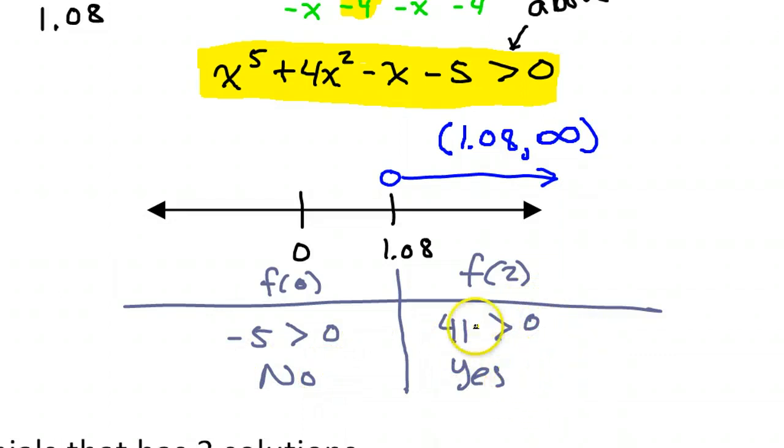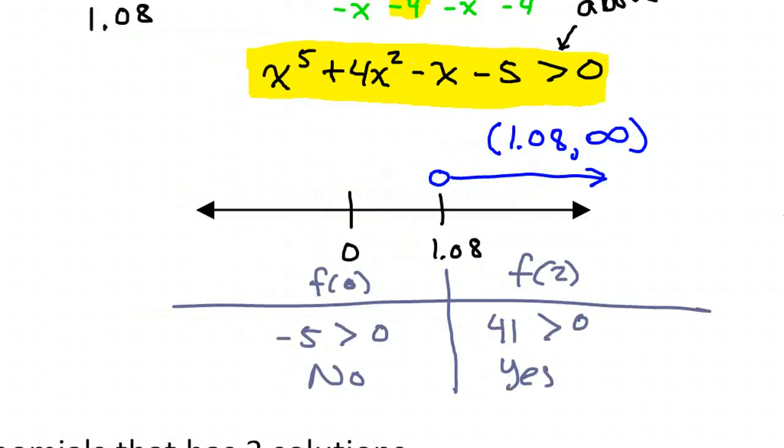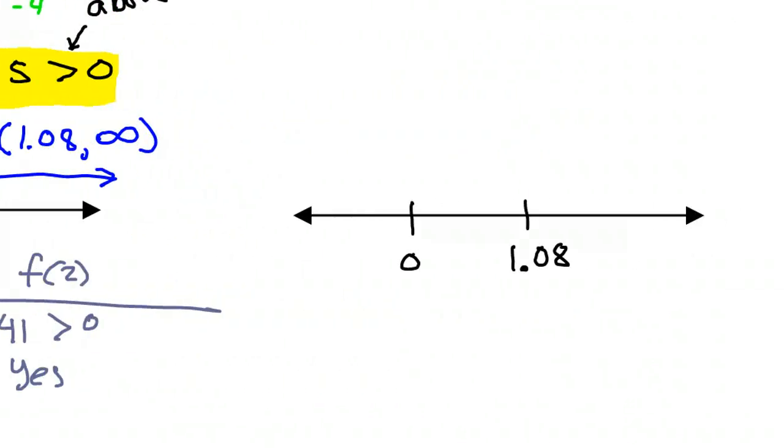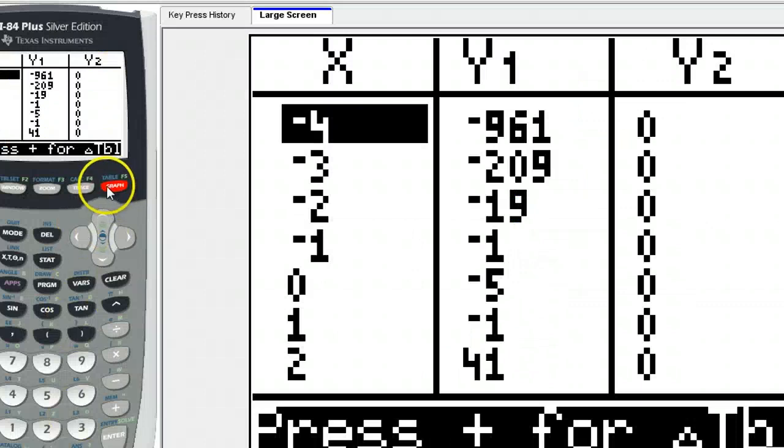Now, real quickly, I could have done that using the graphical method. So I'll just slide over here and show the graphical method. We saw on the calculator that we just have the 0 at 1.08. So there it is. So by the graphical method, we need to sketch this graph. Now, if we didn't have a graphing calculator, it would be very difficult to do. But we did have access to a graphing calculator.